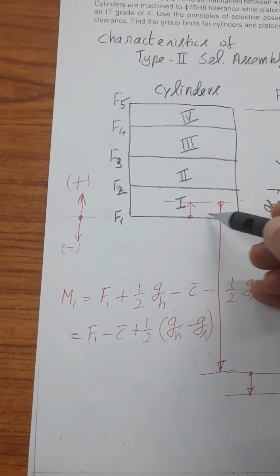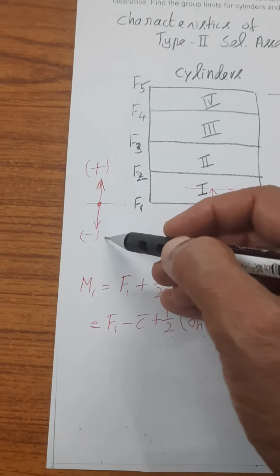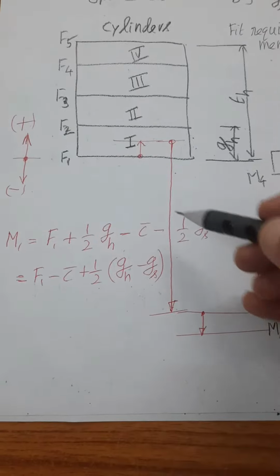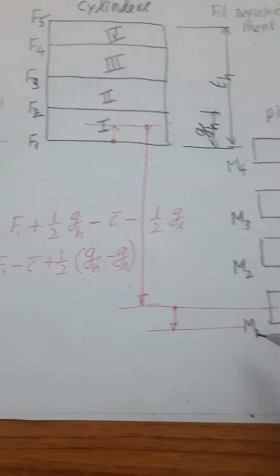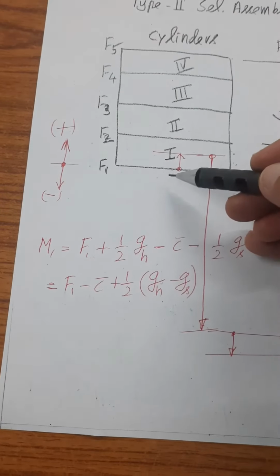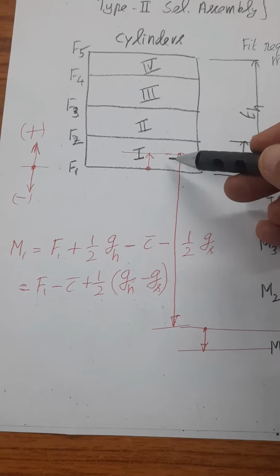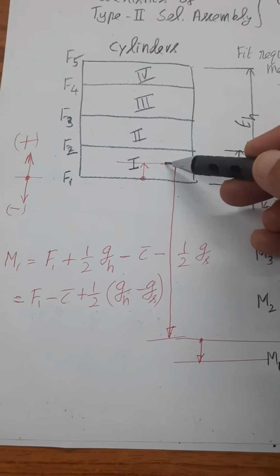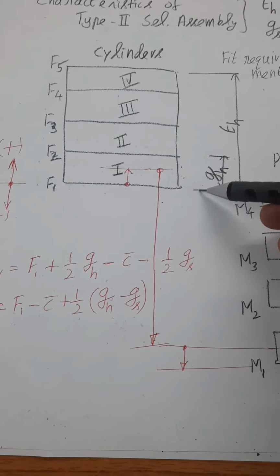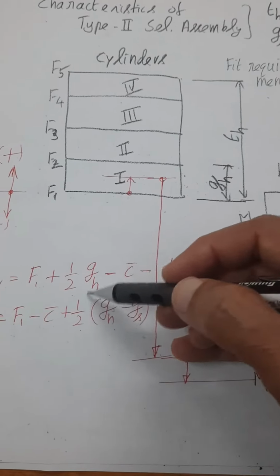If the dimensional chain is moving downward, I take a negative convention. So from F1, I want to get M1. So M1 is equal to F1 plus, I move to the mean of the first group of cylinder, that is nothing but half of G gauge. So F1 plus half of G gauge.